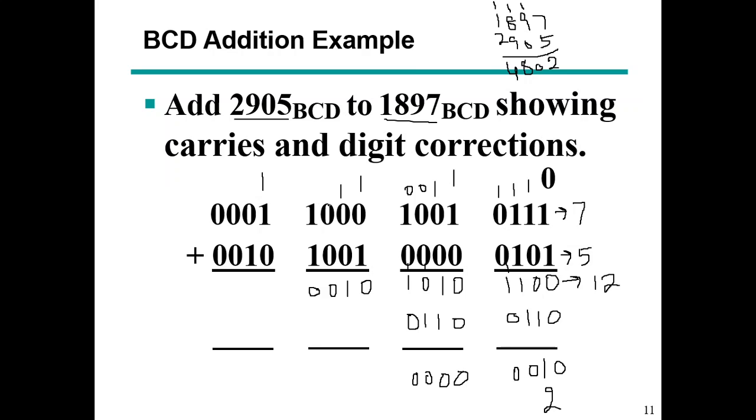In this case, the sum of these two digits, if you count this one here, is 2 plus 16, 18, so the sum is greater than 9. If the sum is greater than 9, we need to add 6 to it. Then this portion will align properly with the sum. So we need to add 6 to it.